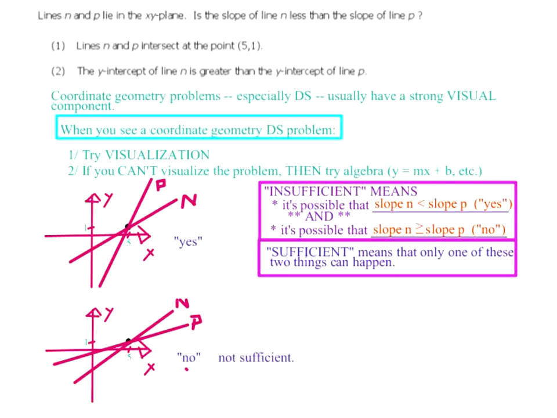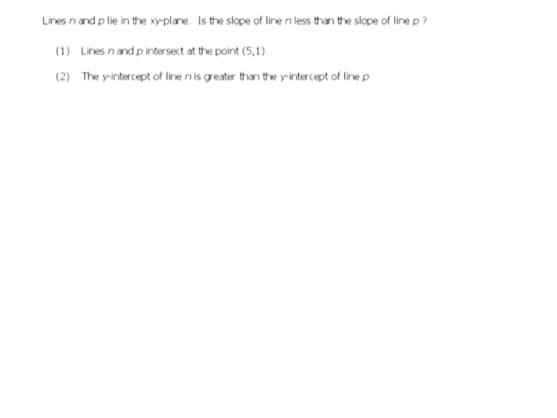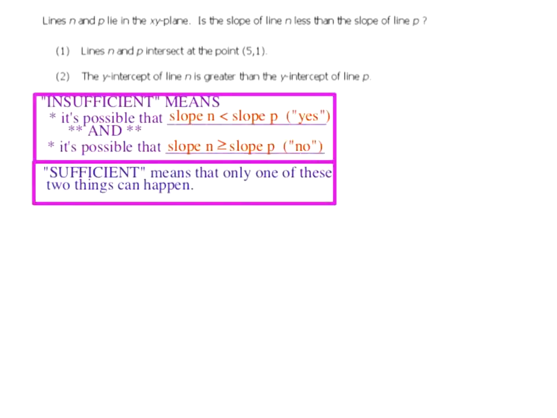Statement 2: the y-intercept of line n is greater than the y-intercept of line p. Let's take that to the next page. So remember, what you're trying to do is this.